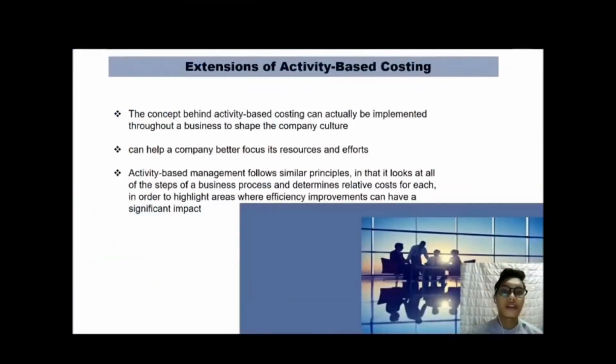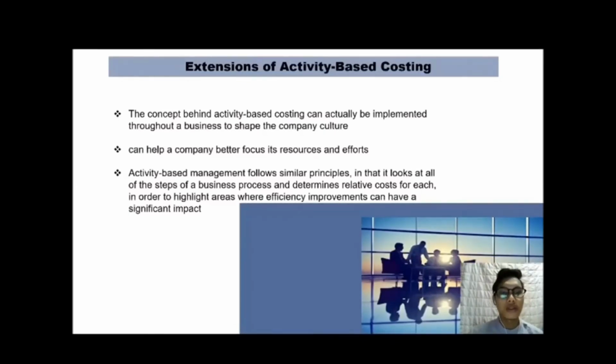Extension of activity-based costing. The concept behind activity-based costing can actually be implemented throughout a business to shape the company culture. This requires significant buy-in at every level, but can help a company better focus its resources and efforts, as well as identify portions of the day-to-day process that cost too much in time and resources and need to be improved.